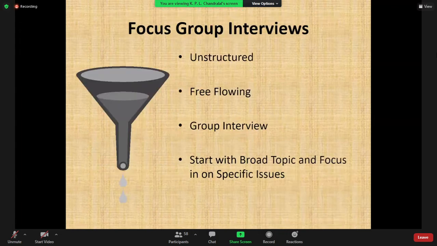Particularly, these interviews are again unstructured. You don't have a questionnaire, but you may have a discussion guide, like an interview guide. So certain things you put in the discussion guide so that you can bring the discussion's attention to all these points before you end the discussion.